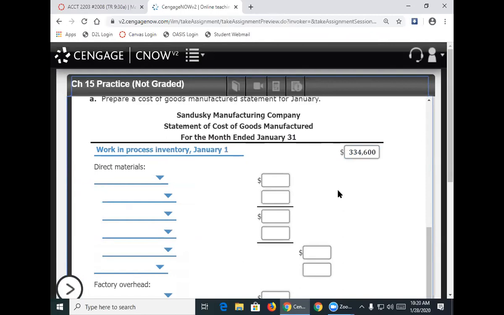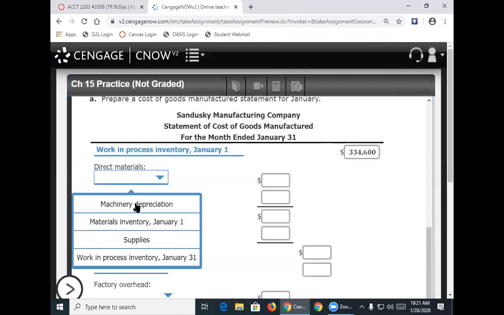The next step, I need to calculate my materials used in production. Well, I have that, right? That's what I calculated right here, the 1,409,500. I just need to put it in statement form. So we've already calculated the cost of materials used in production, but we're going to put it on this form. All we're doing is showing this work.